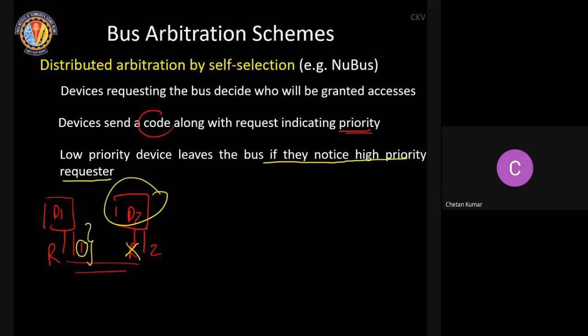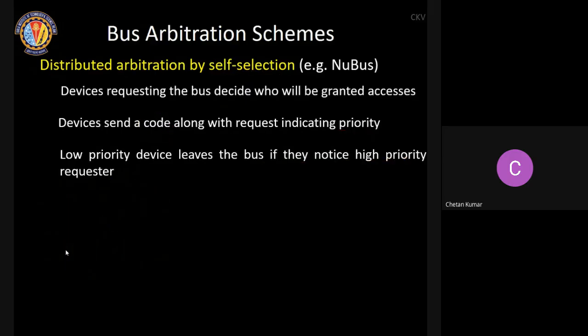It's called distributed arbitration because the arbitration is not centralized; it is distributed among the devices themselves, and it is based on self-selection. This device itself is deciding whether to cancel its request or not based on the other devices that are requesting the bus. Hence, we say that this is arbitration by self-selection.